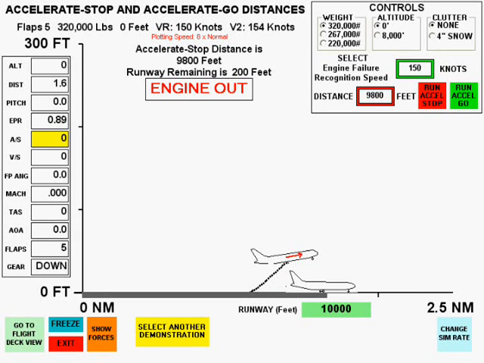If the crew had to abort and knew they would stop on the absolute end of the runway, they might select a lower V1.